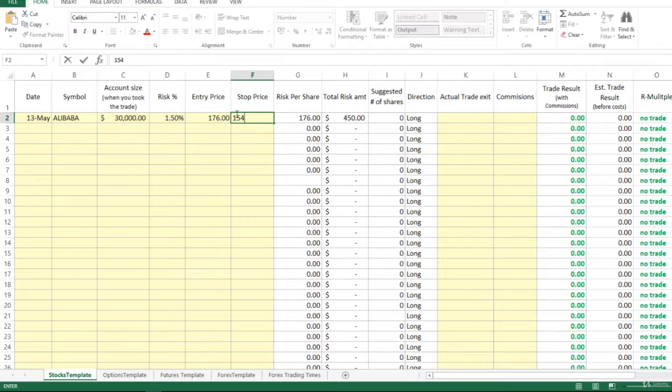and 154. Right? So you can see that our risk amount is 450, and the number of shares that we need to buy is 20 shares.